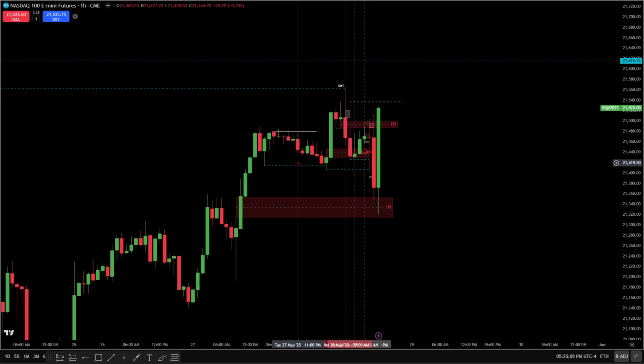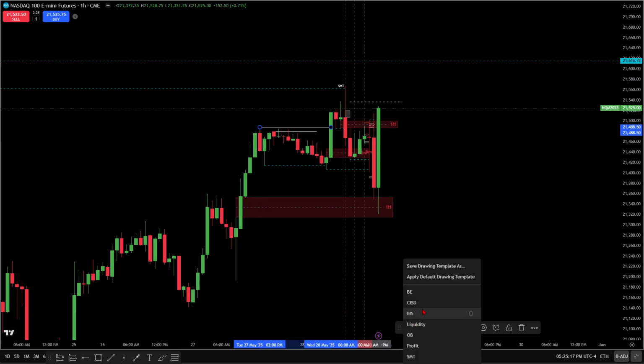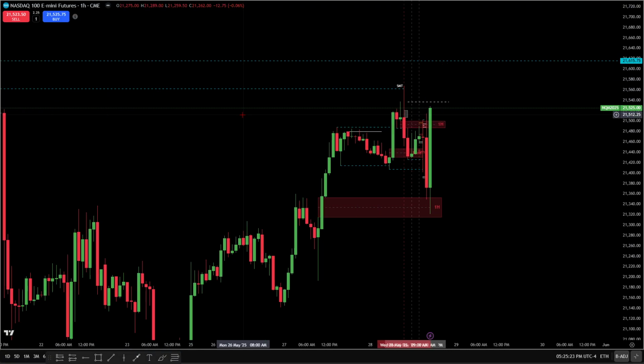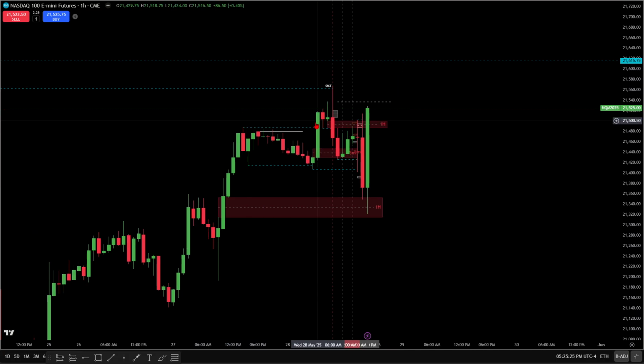Then we came all the way down here and took out this low. Then we rallied above these highs here, took out these highs, with these relative equal highs over here as the target. So we sweep it, close above it, consolidate for 2 hours, and then the market opens, right?